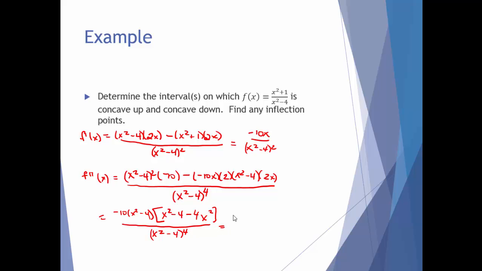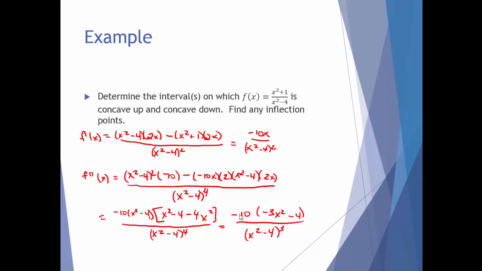Clean it up. Negative 10. The x squared minus 4 on the outside that we just factored out can now cancel the x squared minus 4 in the denominator. One of them anyway. There'll be 3 left. So we'll be left with a negative 10. Inside the big brackets, we'll clean that up to be negative 3x squared minus 4 over x squared minus 4 cubed.